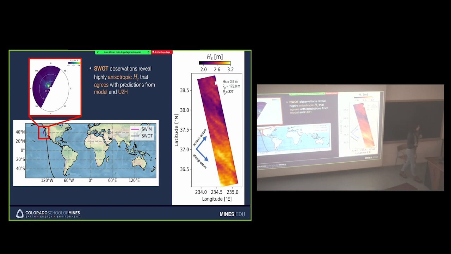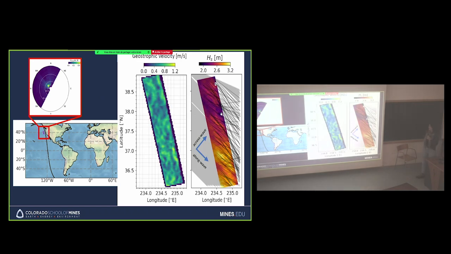Another indication of this behavior can be seen if you take SWOT currents and run ray tracing over them: the regions of convergences and divergences of action coincide with the highs and lows for the significant wave height. So this is a pretty neat example because the tracks are aligning in the swell direction, in a way that allows us to do that.